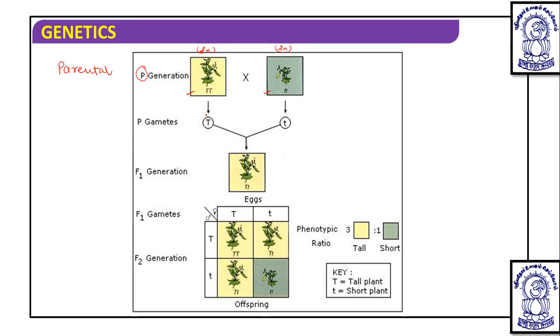But when gametes are produced, each gamete carries only one allele out of the two. So capital T will be inherited in one gamete, and small t in the other.